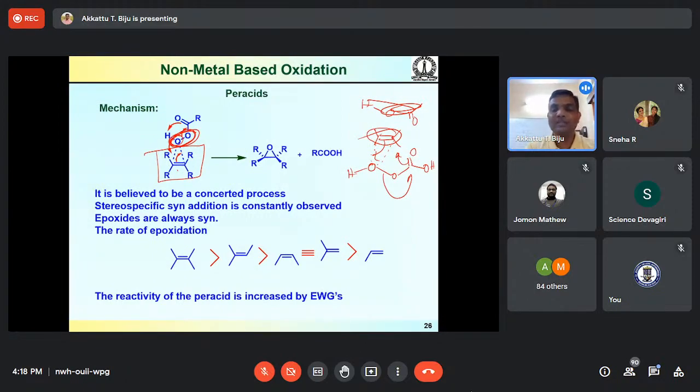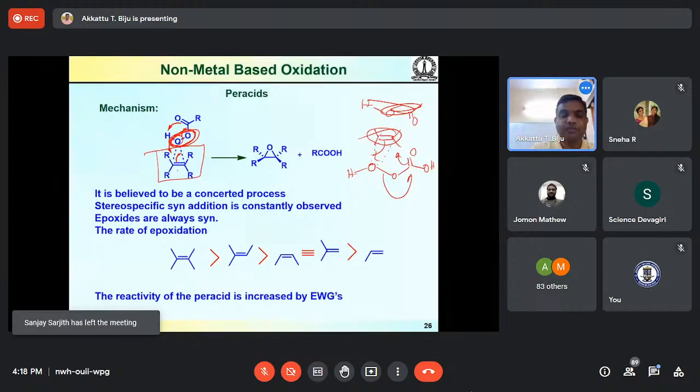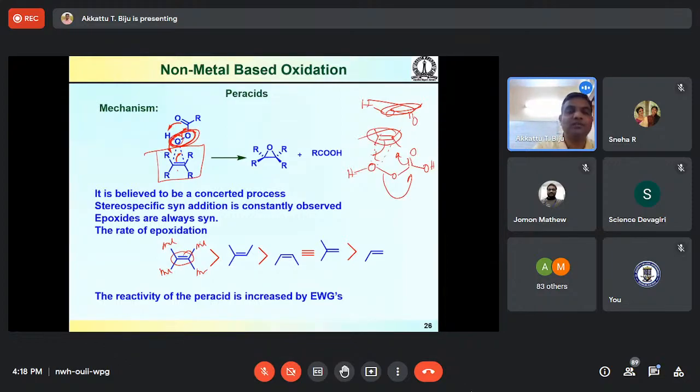Contrary to what we usually observe, if an olefin is tetra-substituted with four methyl groups, because of the hyperconjugative effect of the four methyl groups, this carbon-carbon double bond will be highly electron rich, so that electron pair can be easily donated to the peracid. So a tetra-substituted olefin reacts faster than a trisubstituted one, and a mono-substituted olefin will react slower in epoxidation reactions.